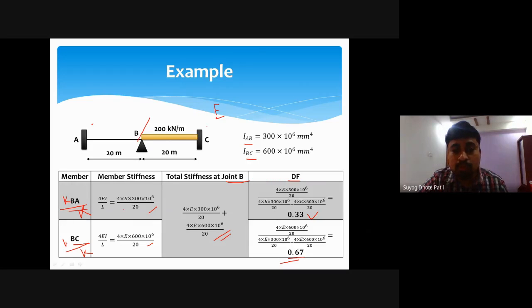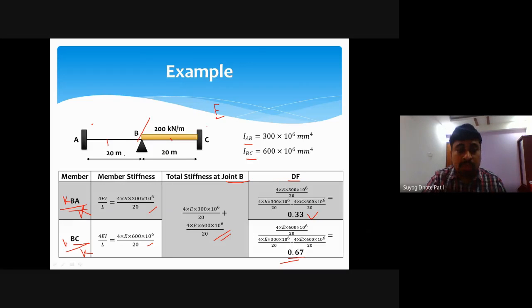Whatever moment is there at B, its contribution will be 33% towards member AB and 67% towards BC. This is the meaning of this.